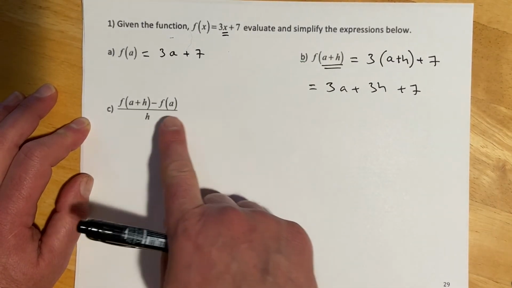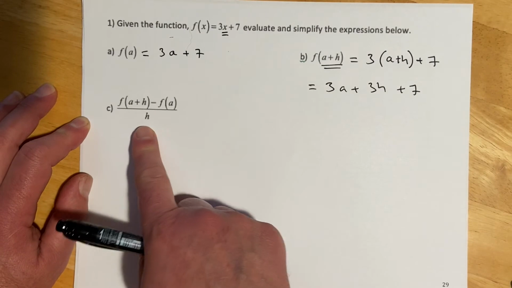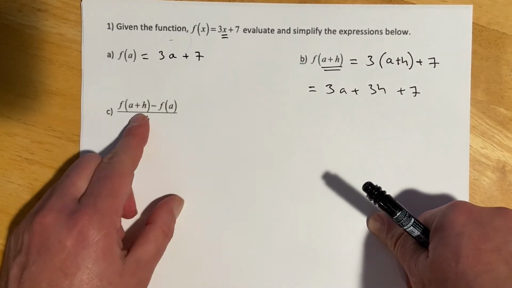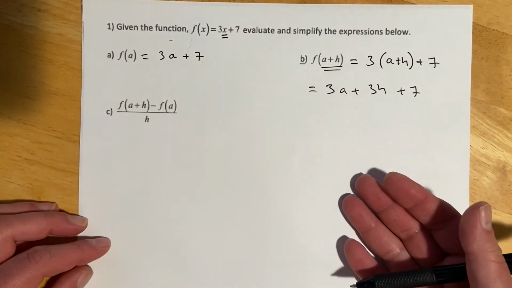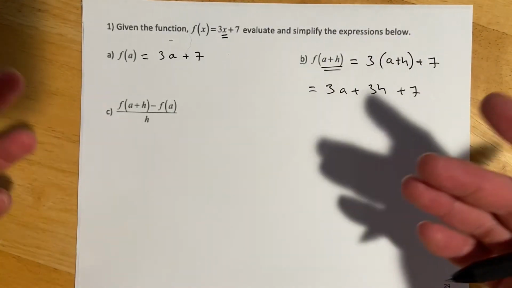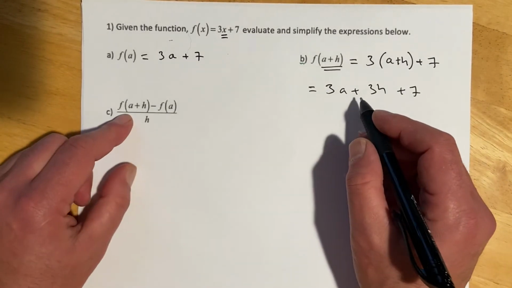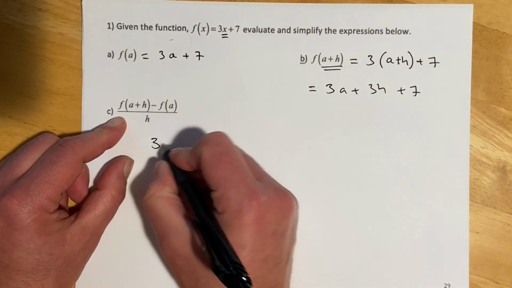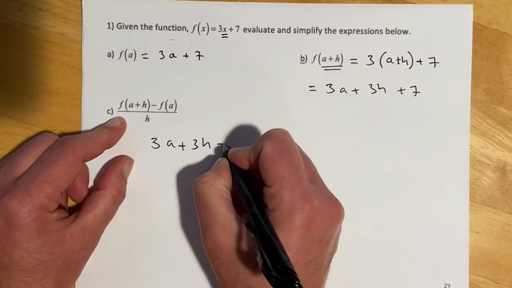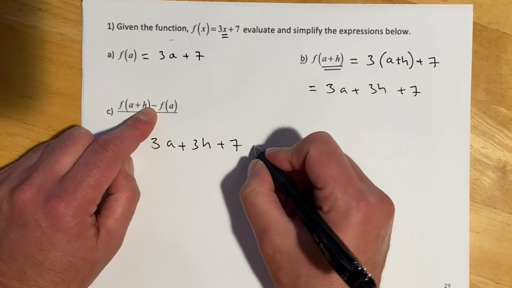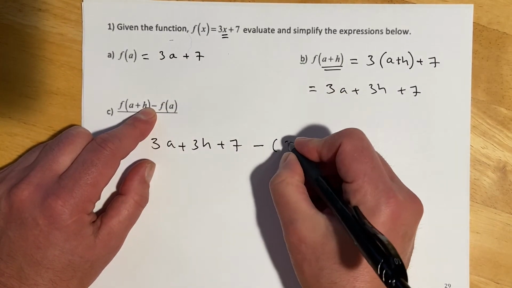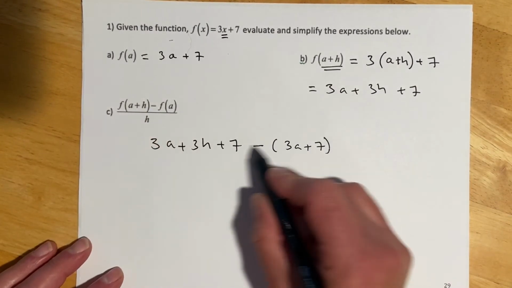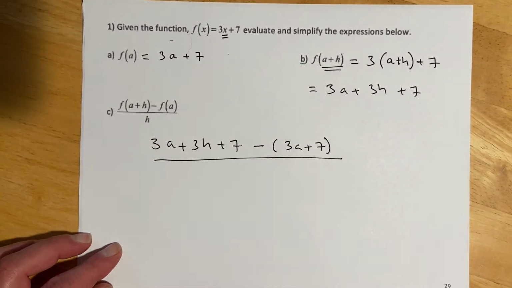And then part C is putting these two things together and putting it over h. They're having you evaluate the two pieces of the difference quotient, and then put it all together. So we go f of a plus h, that was this expression, 3a plus 3h plus 7, minus f of a, that's 3a plus 7. Those parentheses are totally important, otherwise the 7s end up not canceling, and that's a bummer.